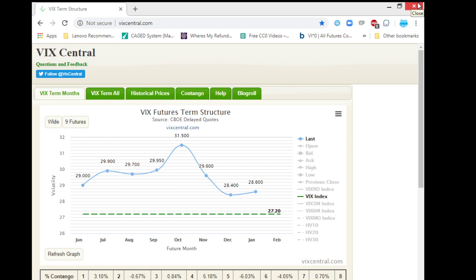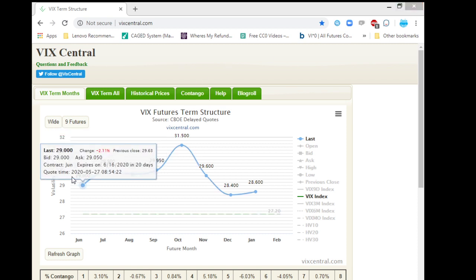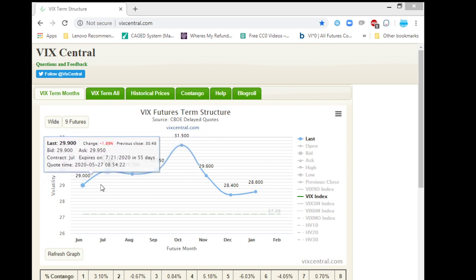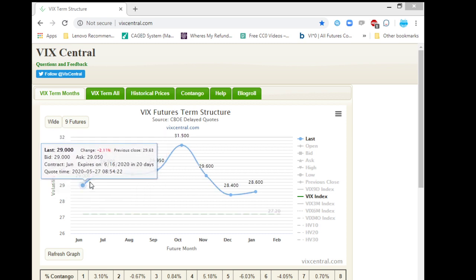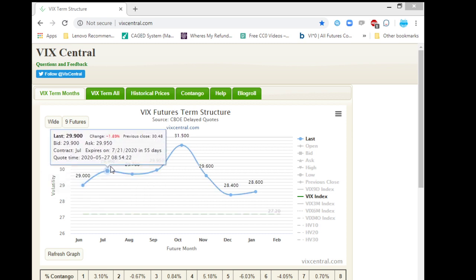So really getting back to normal here, and this nice healthy distance between the futures and spot, combined with the fact that these two are going into contango with each other, is going to provide more and more advantageous conditions for this stuff to really start decaying. Even if the VIX were to stay around this level, we don't even need it to go through, let's say, a 25 or a 20 for these products to really start moving lower.